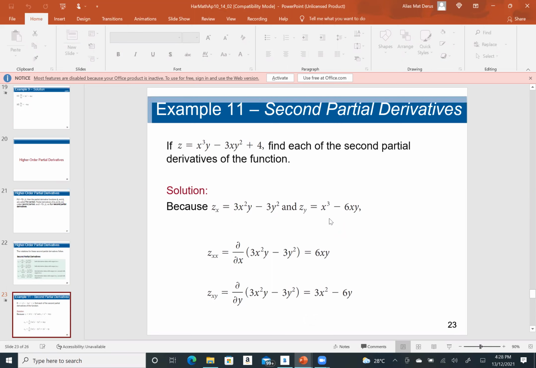Okay, you got it? The answer is already in the book. You do that, and then you check the answer, whether we got it right or not.